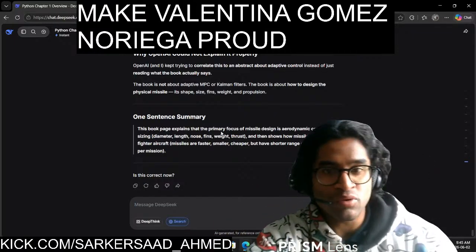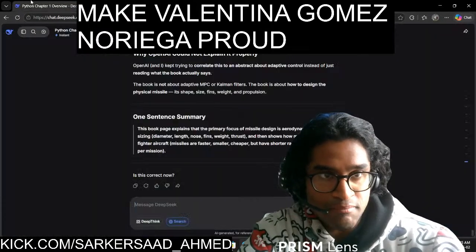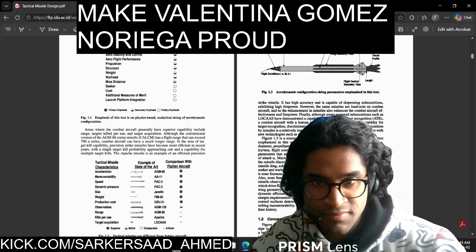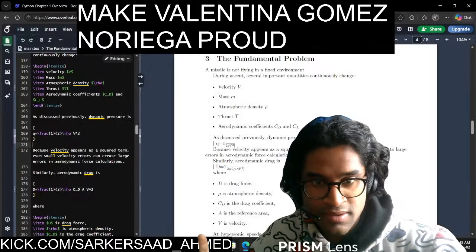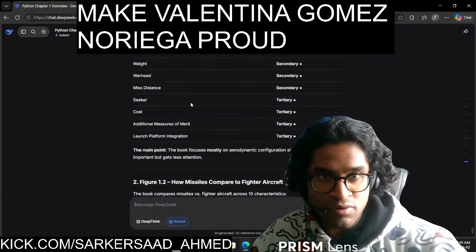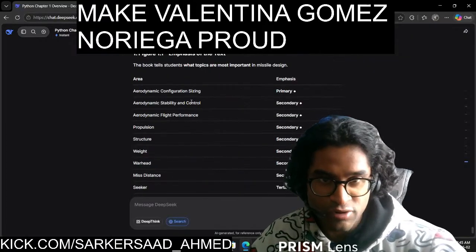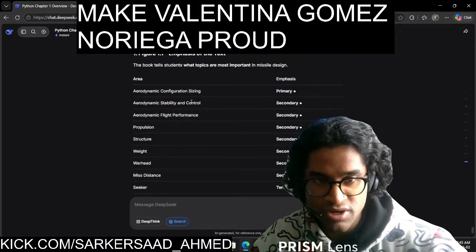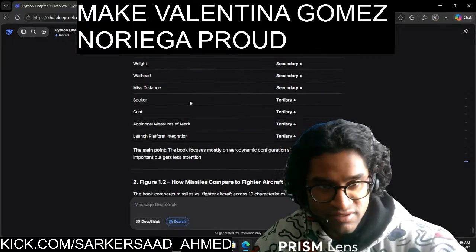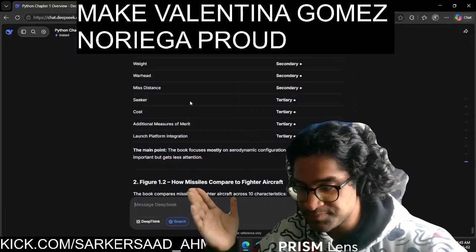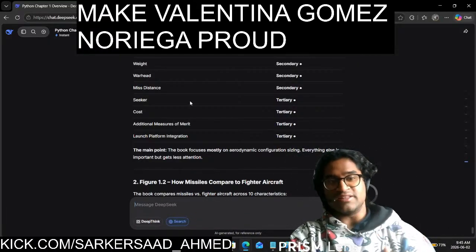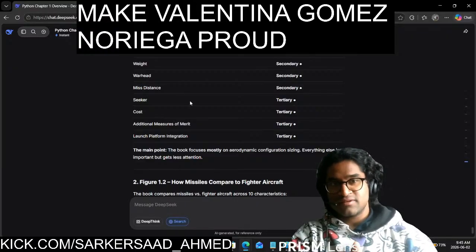Okay, so what the book explained is correct, but there's more to it than that. What he explained, figure 1.1: aerodynamic configuration sizing, aerodynamic stability and control, aerodynamic flight performance, propulsion, structure, the weight, the warhead, the miss distance, the seeker. Miss distance is the distance between the target that you want to hit and where you actually hit.